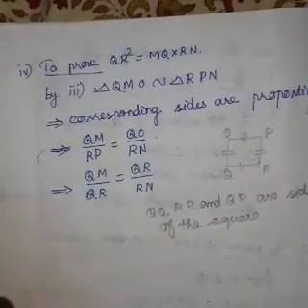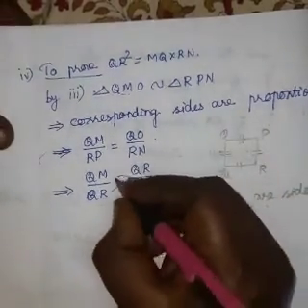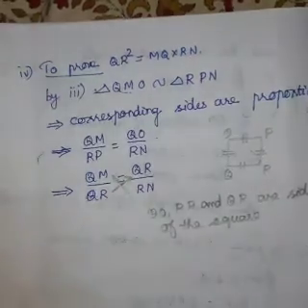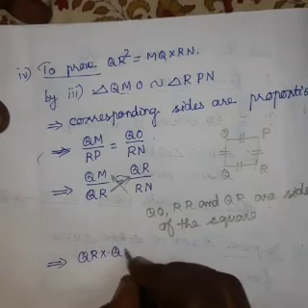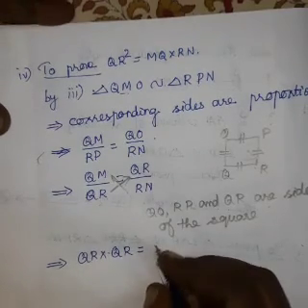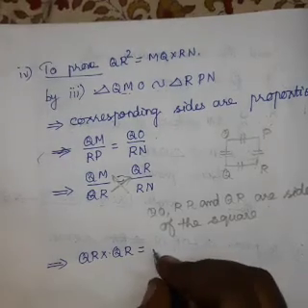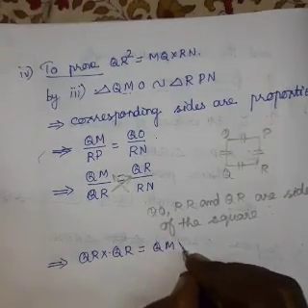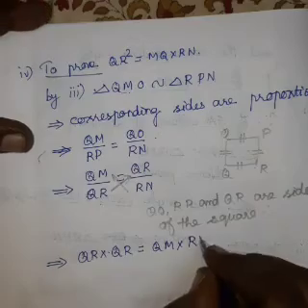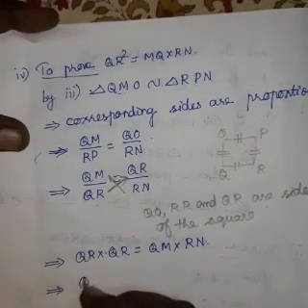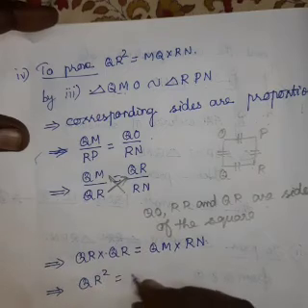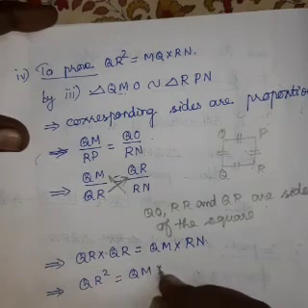Now we can cross multiply. What you get? QR into QR, it is QR square. We can write QR into QR, that is equal to QM into RN, which implies QR square is equal to QM into RN.